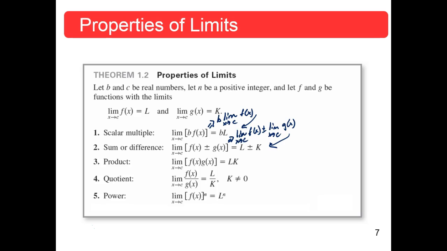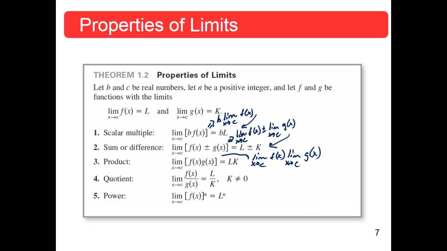Now, sum or difference work. Do products work? Sure seems like they should. The limit of a product is the product of the limits. The intermediate step here would be the limit as x approaches c of f of x times the limit as x approaches c of g of x.